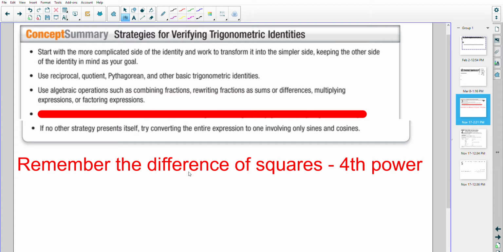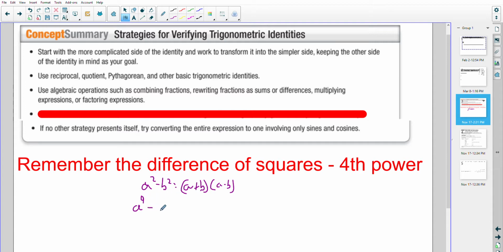What we're going to do is just one algebra piece, which is factoring the difference of squares. So a squared minus b squared is equal to a plus b times a minus b. But also along with that, we can do the same thing for the fourth power.